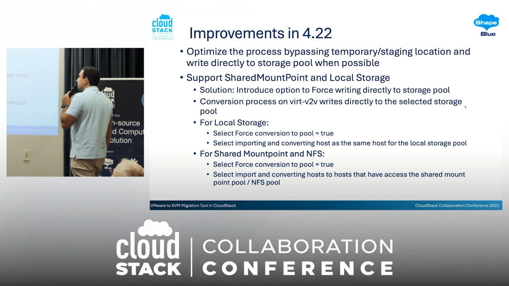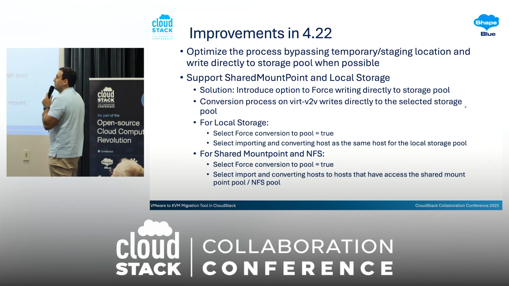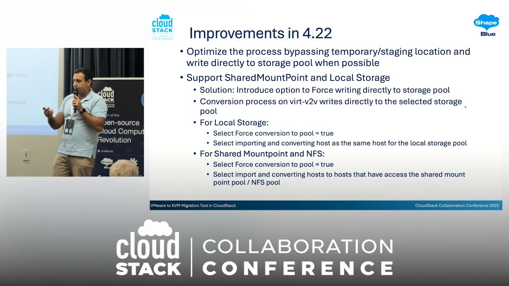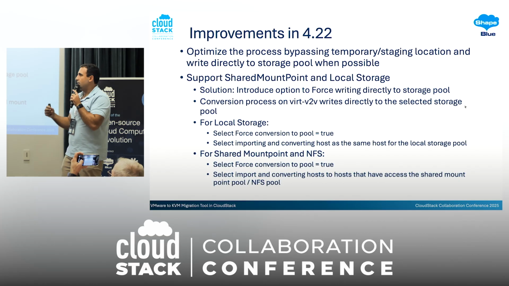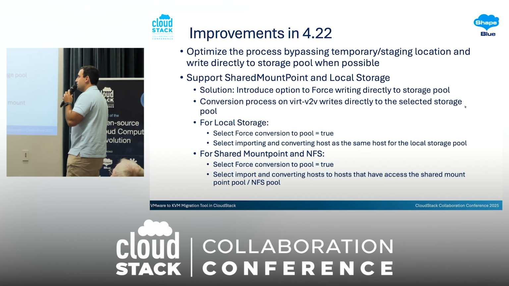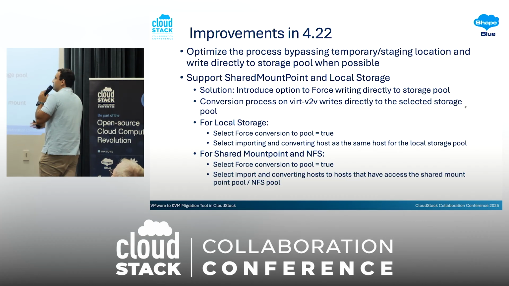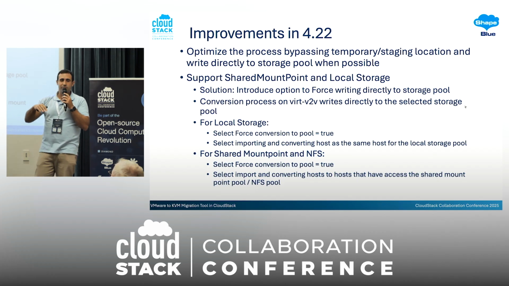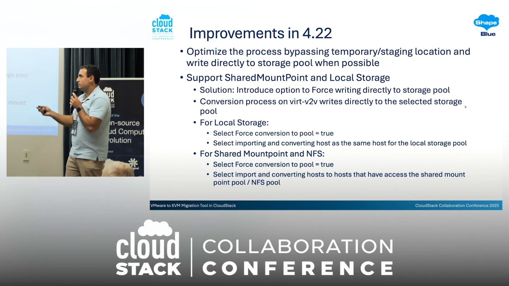Then for the latest versions, in 4.22, we have optimized that process by allowing administrators to bypass the temporary storage. That allows you to have support for shared mount point, and also local storage, if the importing KVM host is the same as the converting host.